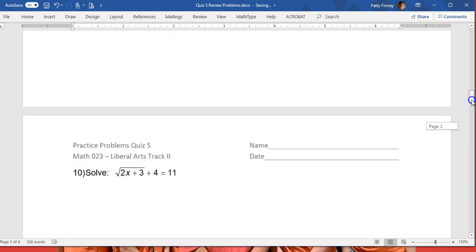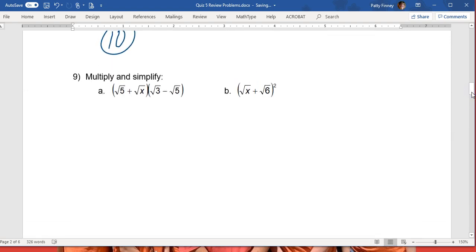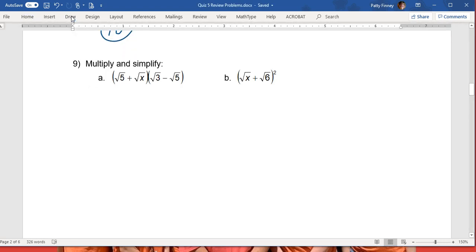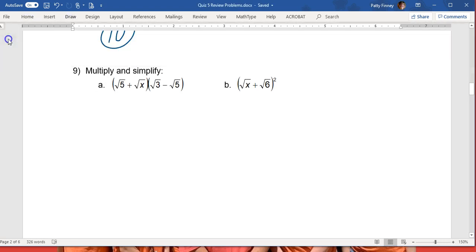And then we are FOILing. So when we FOIL, the square root of 5 times the square root of 3 is the square root of 15. Outsides minus the square root of 25.